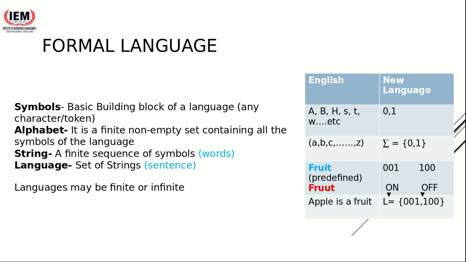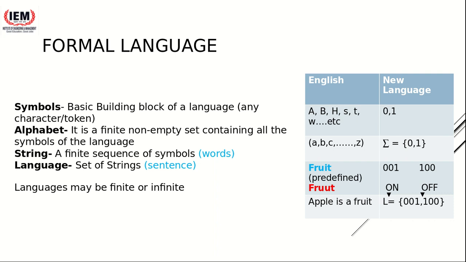Next is string. What is a string? A string is nothing but a finite sequence of symbols, or I can say it's a word. For your understanding, if I draw the analogy with the English language, it is nothing but a word. Concentrate on this part, students. Fruit is a word, right? What is the spelling of fruit? F-R-U-I-T, right? If somebody writes F-R-W-T, it's wrong. How do you know it's wrong?